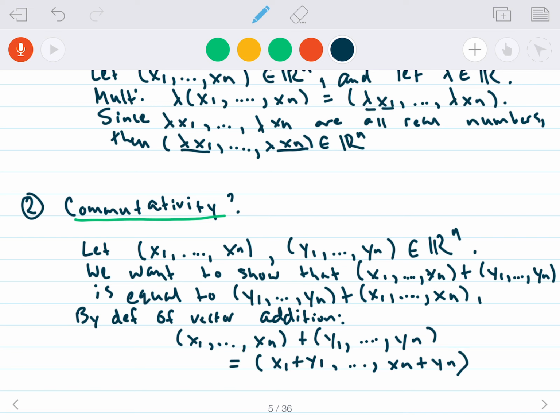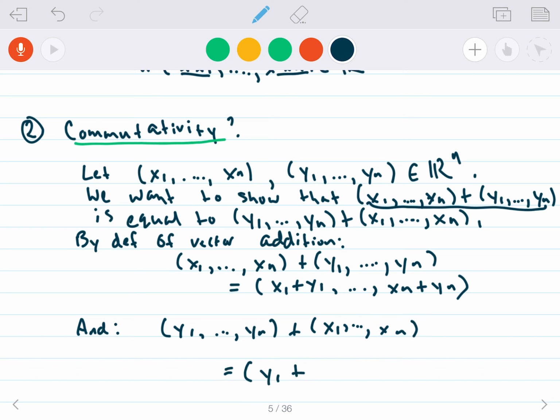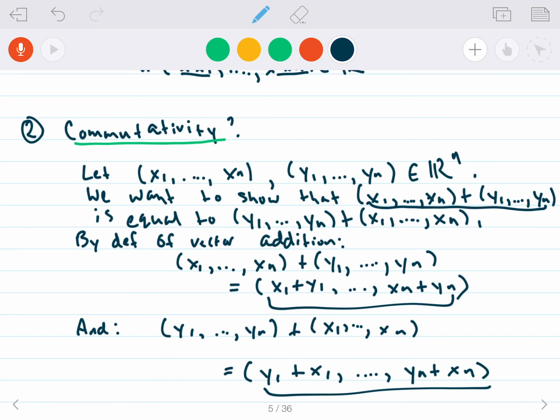So that's this side. Now what about the other side? And again, by vector addition, y1 dot dot dot yn plus x1 dot dot dot xn is equal to y1 plus x1 dot dot dot yn plus xn. And these things almost look alike.